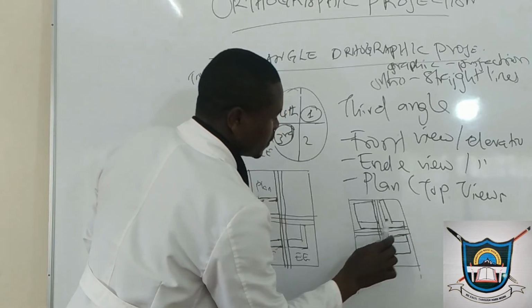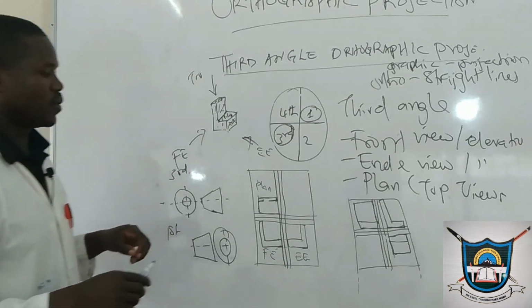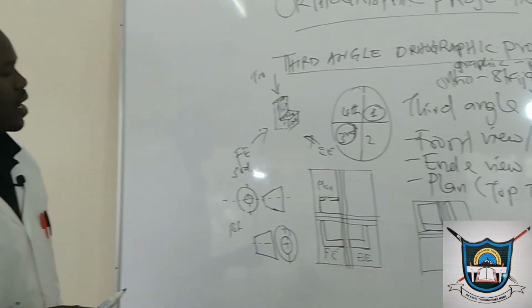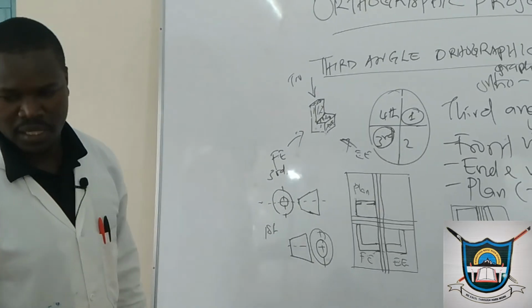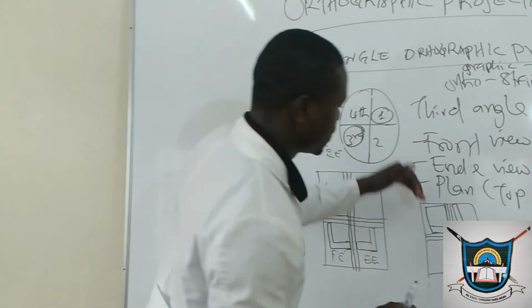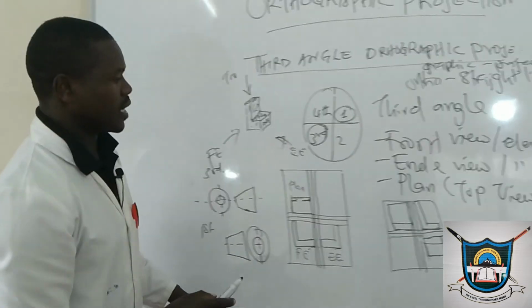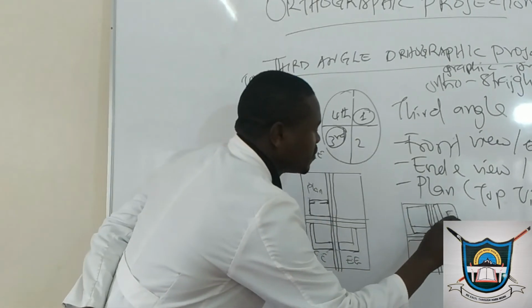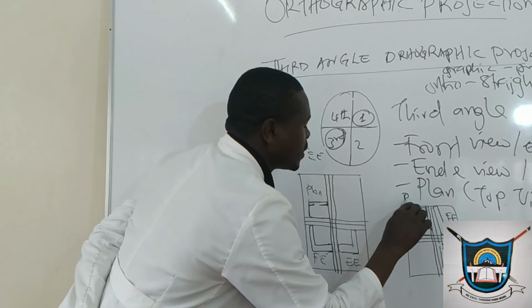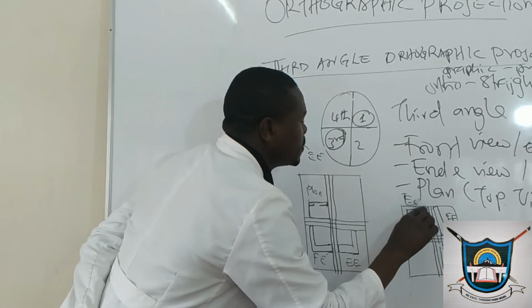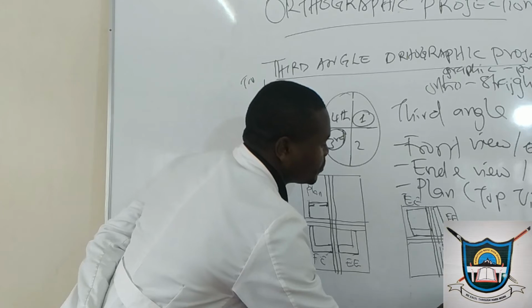You might excuse me because I'm using the wrong instrument, but because of the nature of the board, the drawing instrument might slide and cause accidents. Now, this is the front elevation, this is the end elevation, and this is the plan.